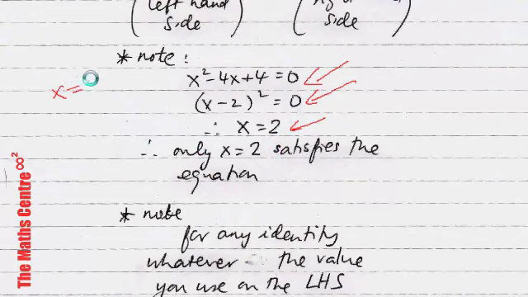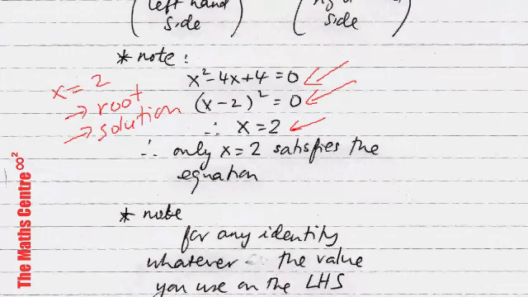X equals to 2 is called a root of the equation, or is called simply the solution of the equation. Now, like I said, only certain values of x satisfy an equation. In this case, x equals to 2 satisfies the equation.